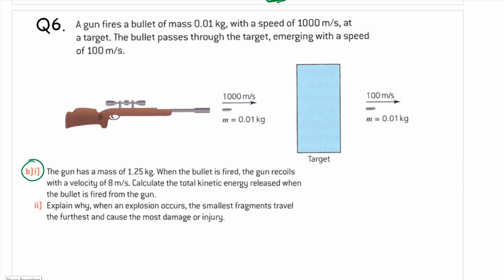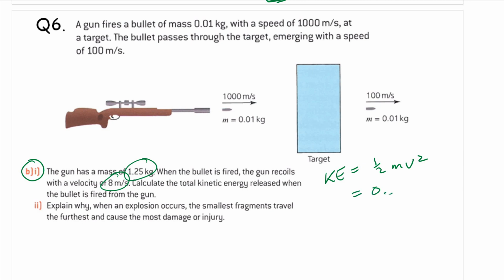B part 1. Calculate the total kinetic energy released by the bullet. Okay, you've got some information here. You could use this to work out the momentum of the gun and therefore the bullet, but we've got all the information that we need anyway. Kinetic energy equals a half times the mass times the velocity squared.